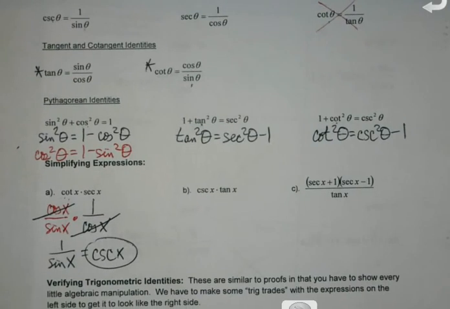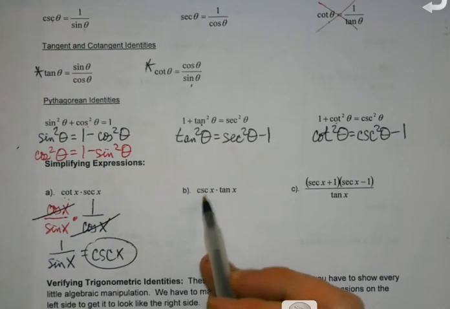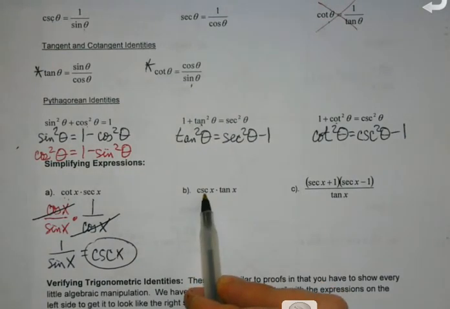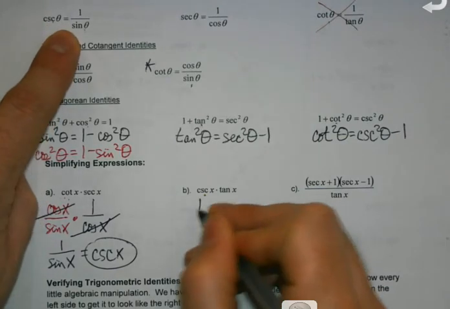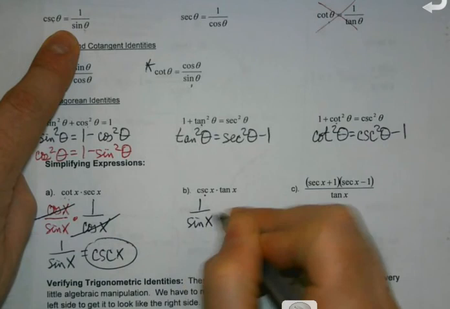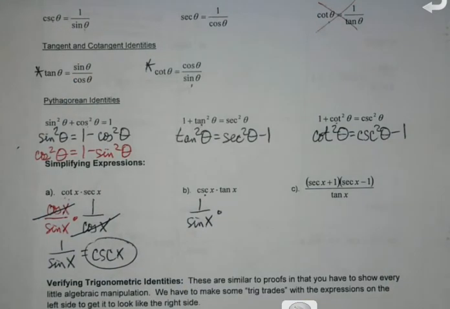So basically what I'm doing is I'm manipulating these into sine and cosine so I can cancel stuff out and reduce it. Kind of strange, but kind of neat at the same time. So on B, for instance, okay, what does my first term turn into? 1 over sine, because I found cosecant right here. What about tangent?